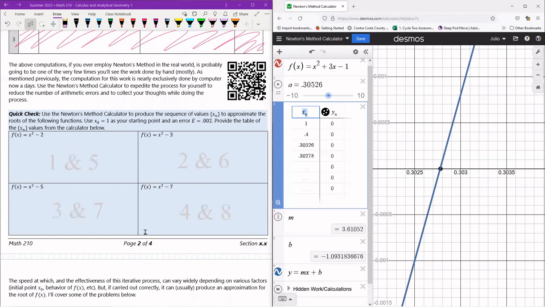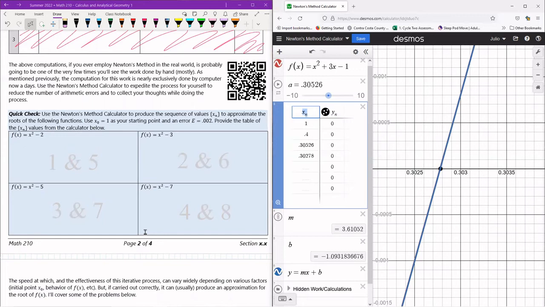In essence, what you guys are doing here for these 4 quick checks is you are finding approximate values for certain square roots. So for group 1, you guys are finding an approximate value for the square root of 2. For group 4, you guys are finding an approximate value for the square root of 7.